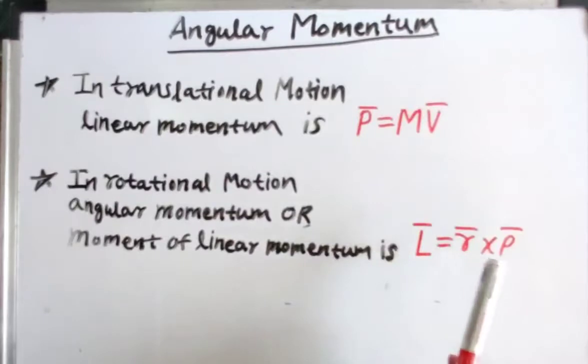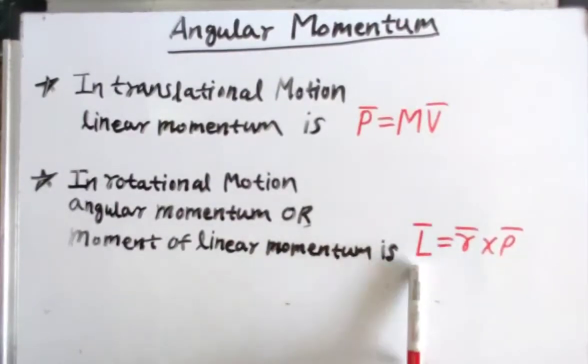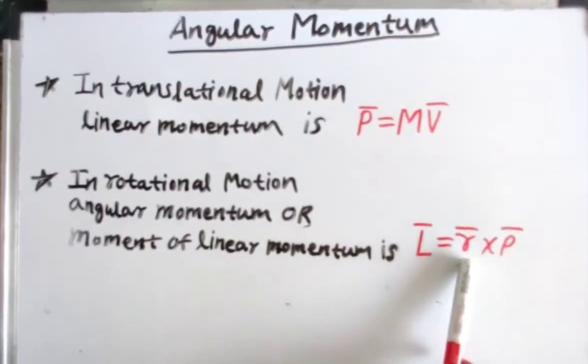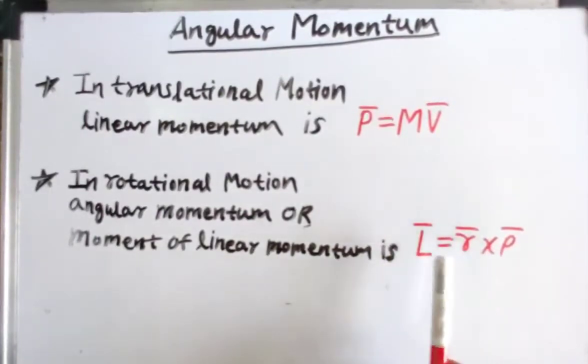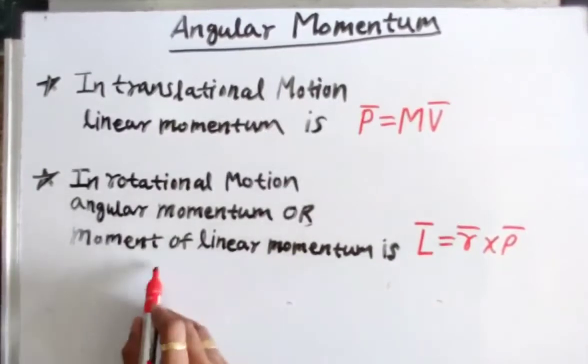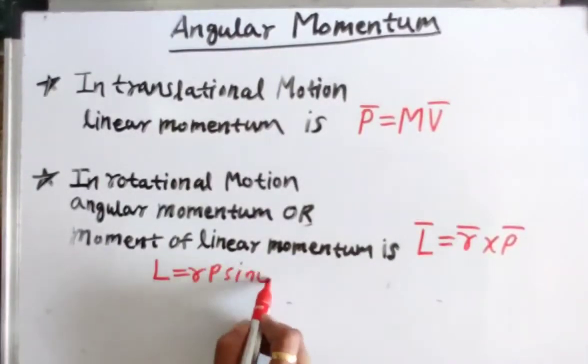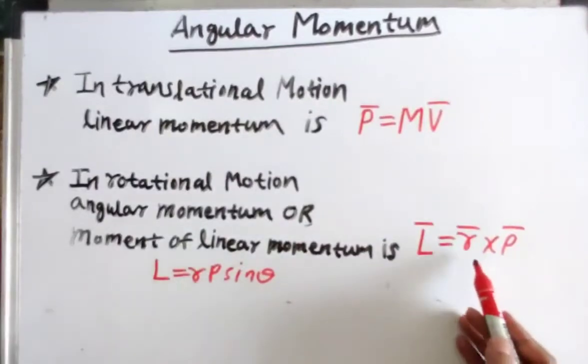L̄ = r̄ × p̄. That is, angular momentum or moment of linear momentum, which is nothing but the angular momentum. In magnitude, we can write this equation as L = r p sin θ, where θ is the angle between r̄ and p̄.